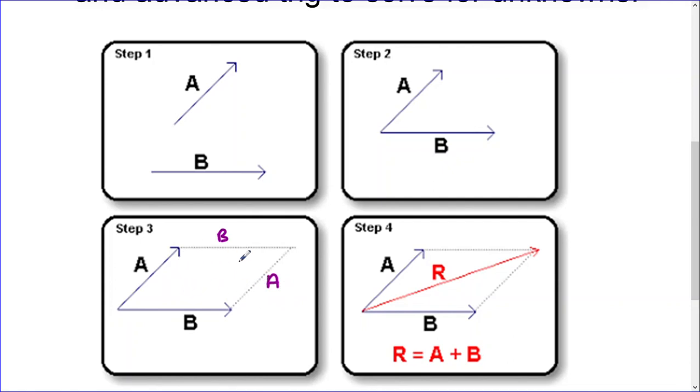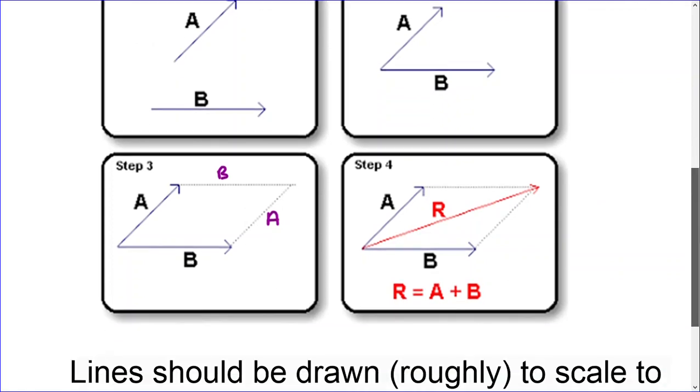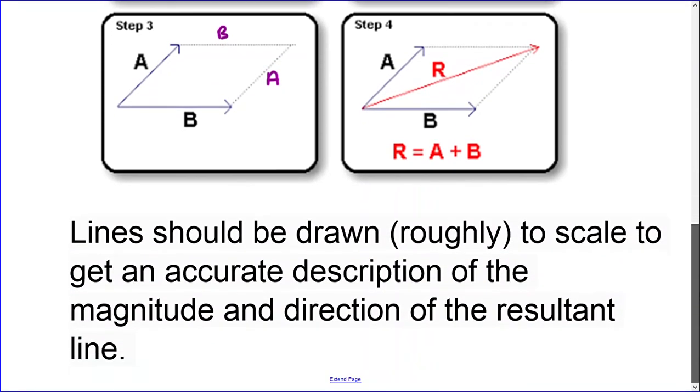So it's kind of like two tip to tails. Then I take my starting point and connect it to my end point. I have my resultant line, and we would say that this is the addition of vectors A plus B. Lines should be drawn roughly to scale, as close as you can, to get an accurate description of the magnitude and the direction of that resultant line.